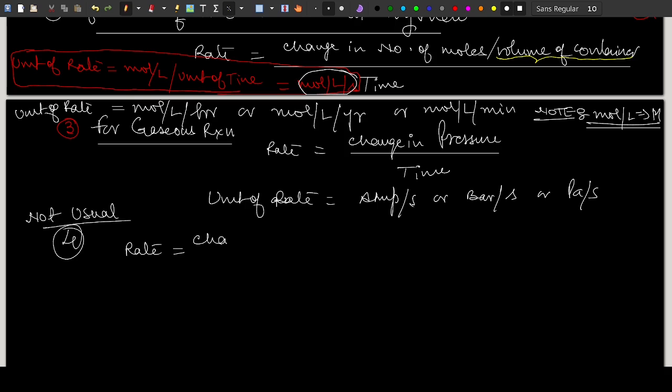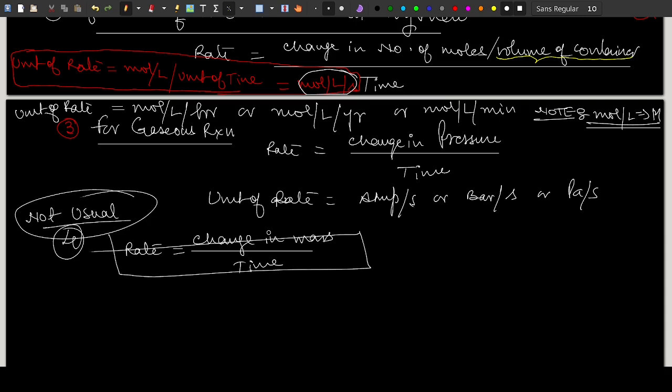So we can say change in mass divided by time. This is also the rate. I told you this is not usual, but this is possible. So change in mass upon time is also a rate.